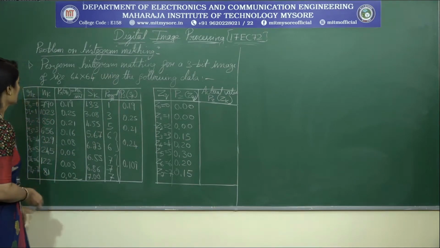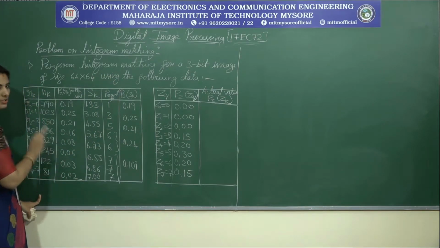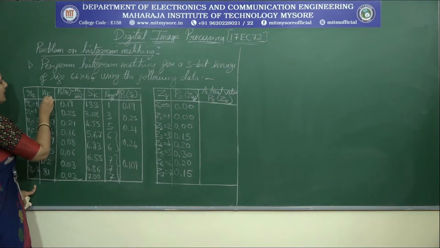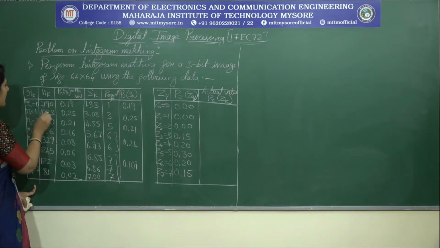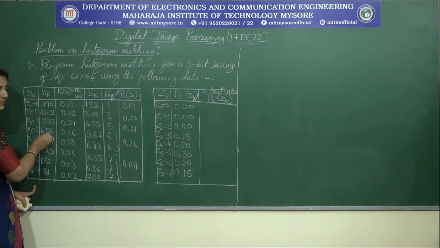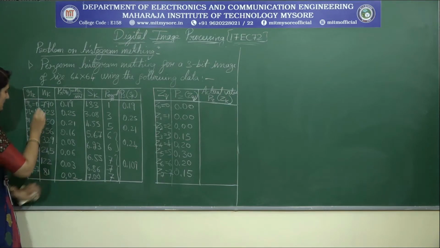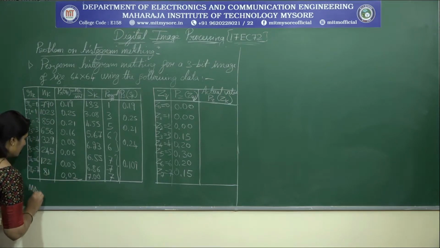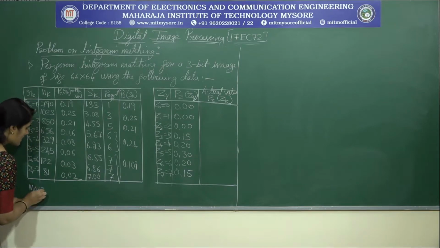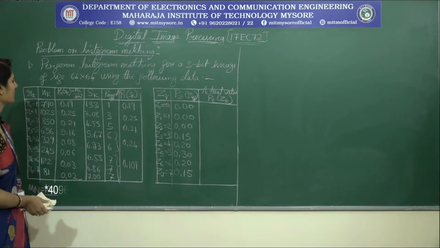This is the given image. The image has Rk intensity levels, and Nk is the number of pixels having the kth intensity value, given in column number 2. Using this Nk, we can also find the total number of pixels, which is the sum of this, the size of the image.